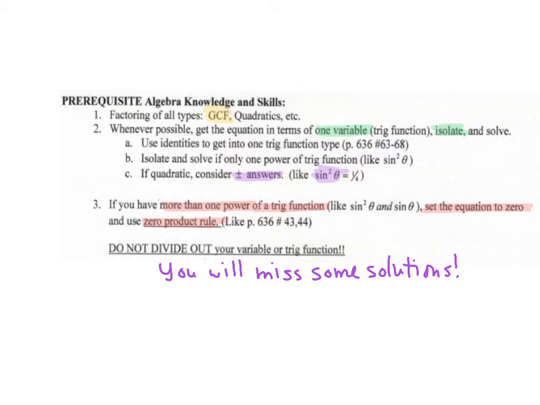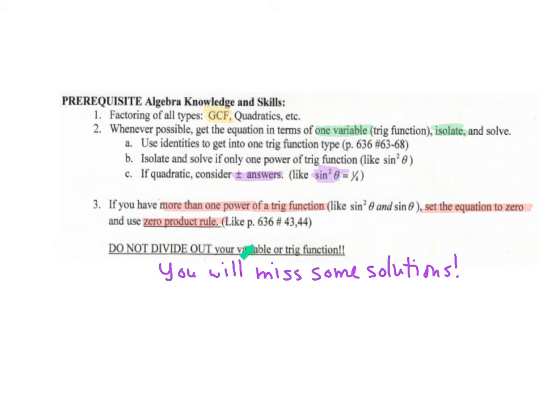And then remember, that is all if you have one variable. If you have more than one power of a trig function, for example, you have a sine squared and a sine, or if you have maybe sines and cosines in there, you have to set the equation to 0 and use the zero product rule. That's the only way you can do these. Please don't divide out your variable.